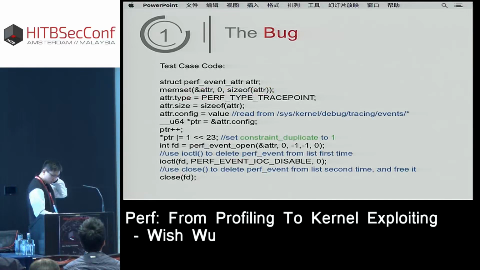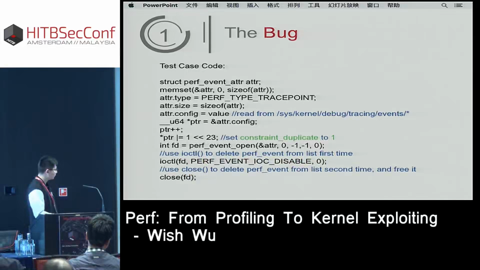Here is the test code. We declare a perf_event_attr, then set type to tracepoint. Tracepoint is the main point. This variable is not in the standard header file. It is an NDK provided by Google.